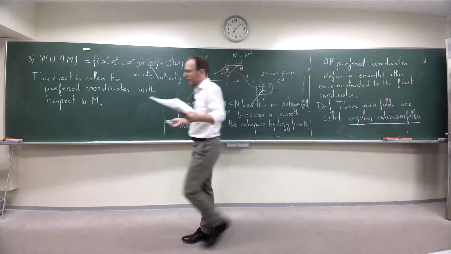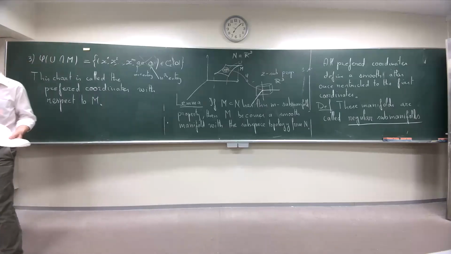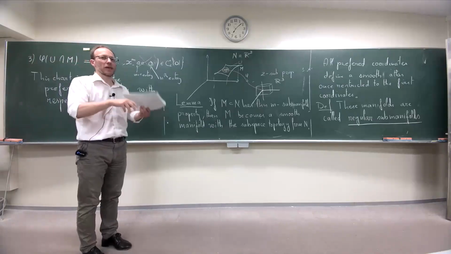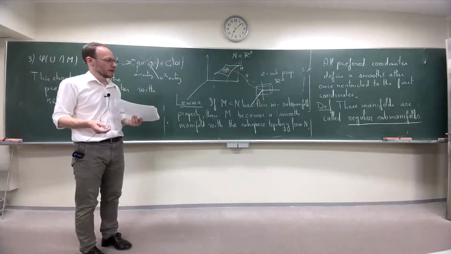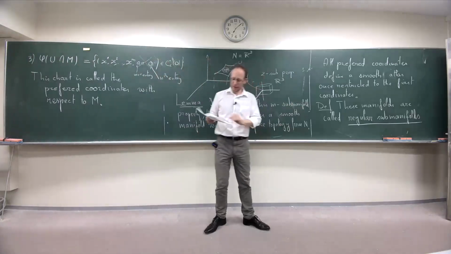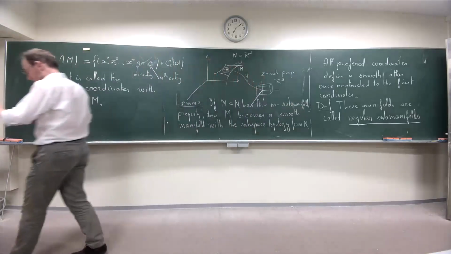In fact, most of the pictures are of this type because we are always living in R3 and looking at something of lower dimension. So most of the time, the pictures I show you are exactly in this setting. So that's why it's useful.